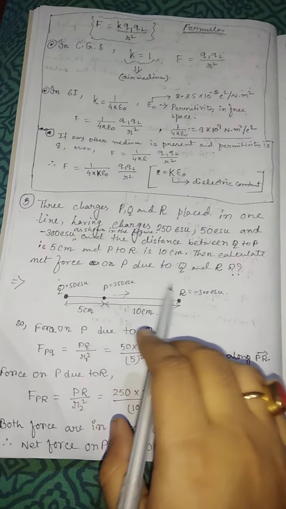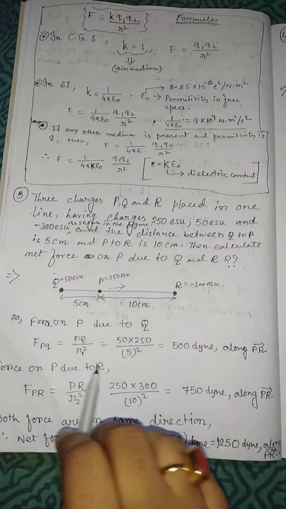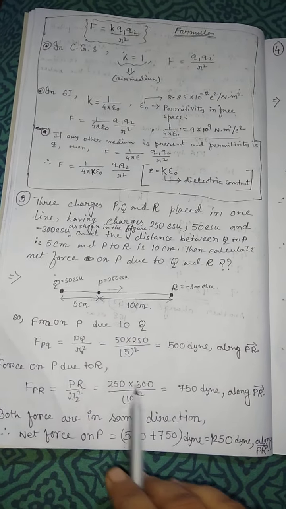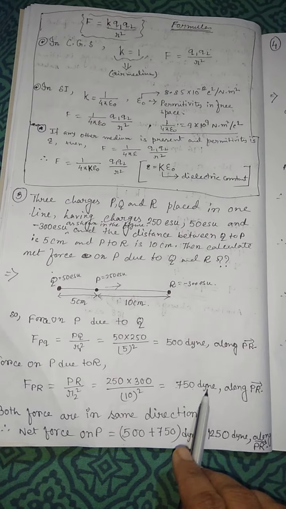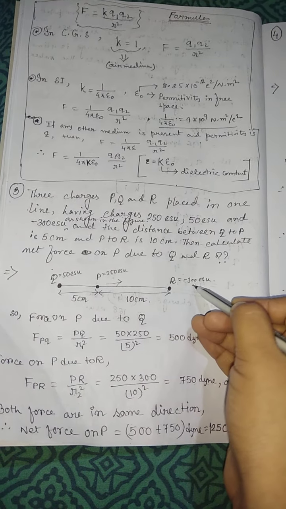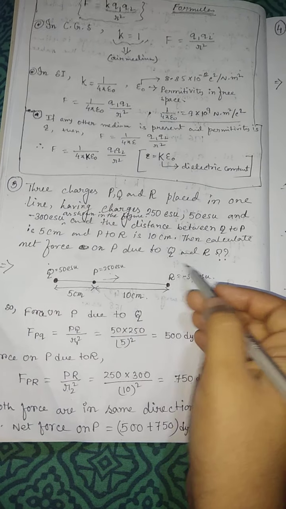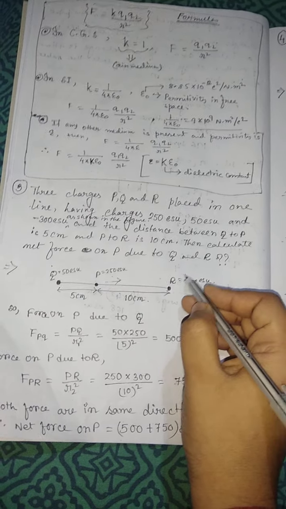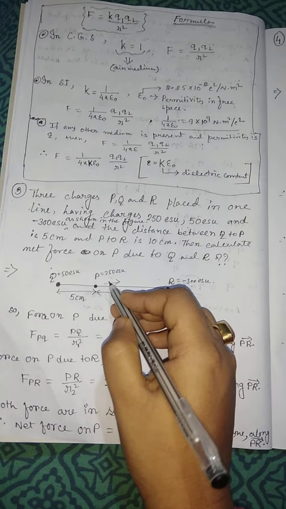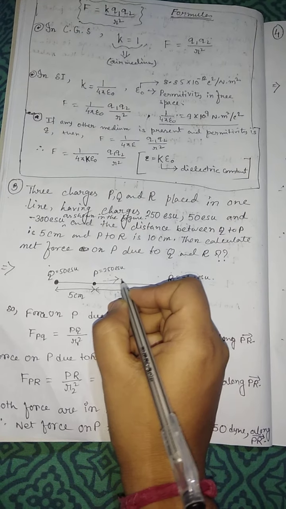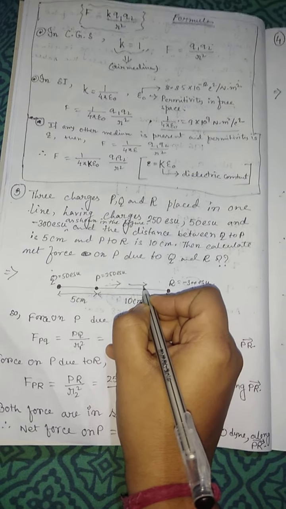Now force on P due to R. This into this divided by this distance square, so we get 750 dyne. Here P is positive and R is negative, so these two charges attract each other, and R will attract the charge P towards it. So this direction is also this side.